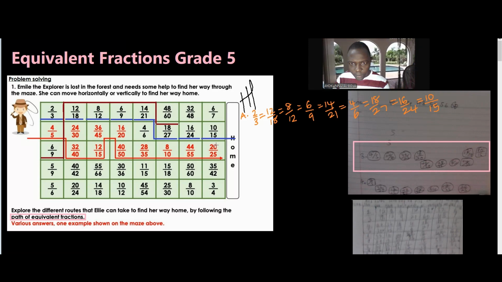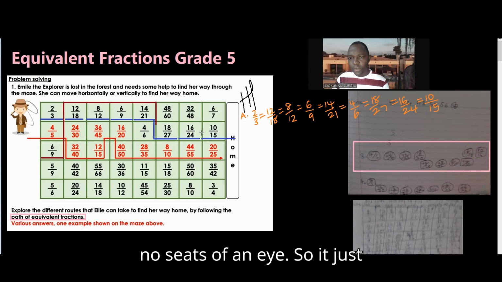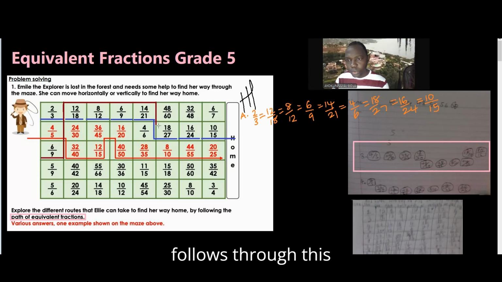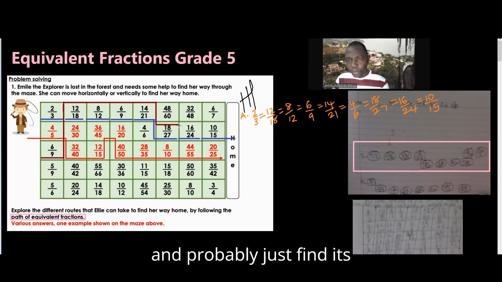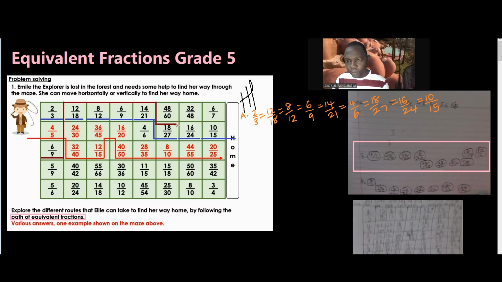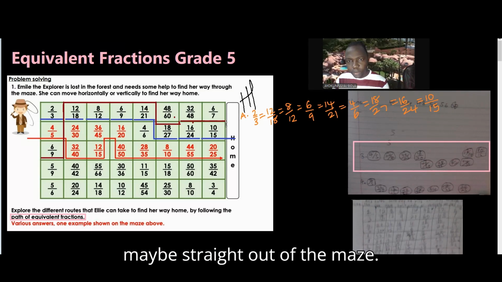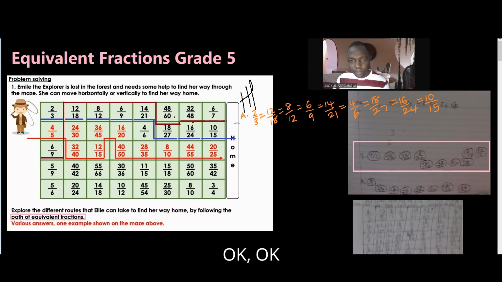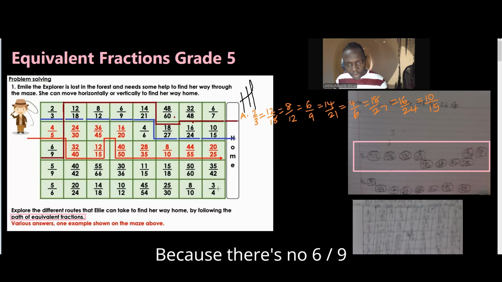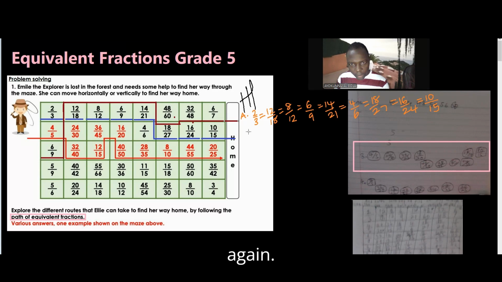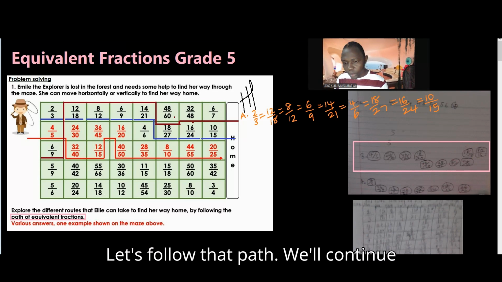In the other one, no 6 over 9. So it just follows through this and probably finds its way maybe straight out of the maze, because there's no 6 over 9 again. Let's follow that path. We'll continue shortly.